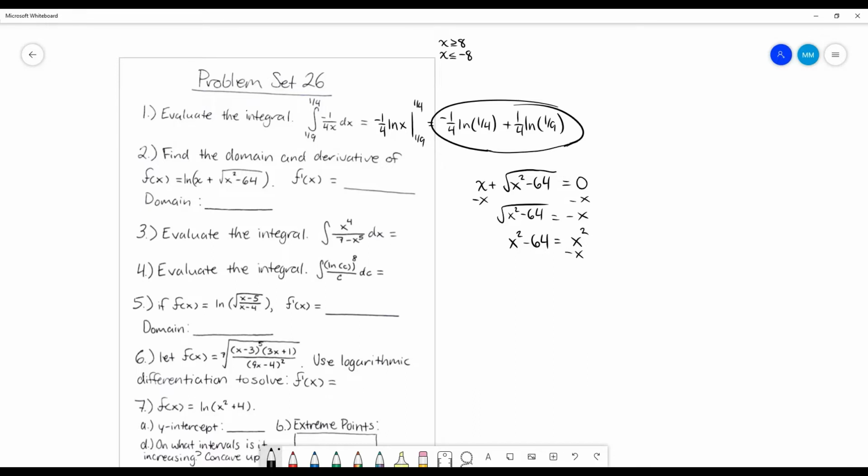And then I'm just going to get negative 64 equals 0, which doesn't work, which means there's no solutions to this. So there's no point when this interior equals 0. So it's safe to say that it is at no point going to be undefined because, yeah, and we might check that actually.